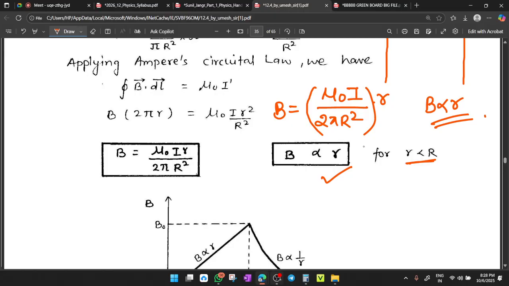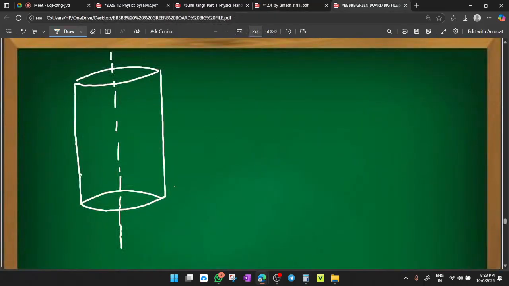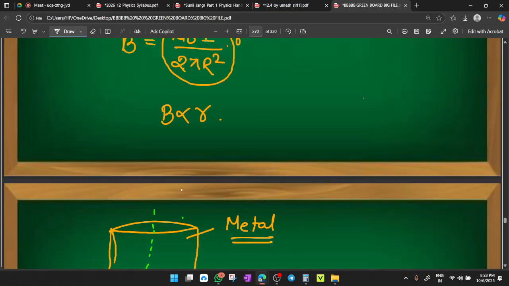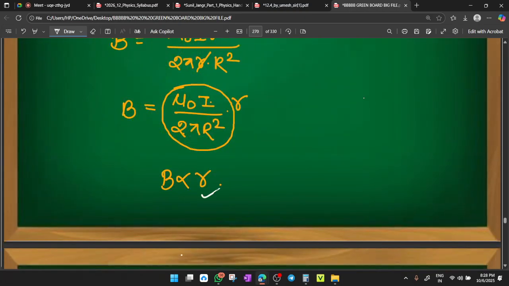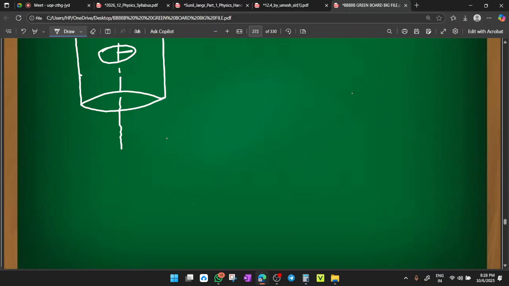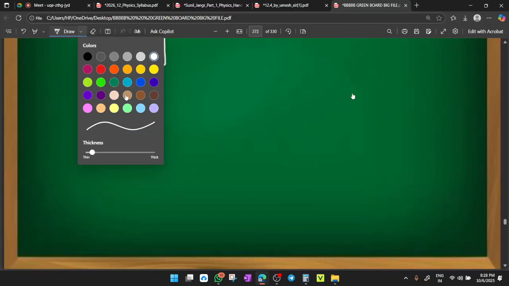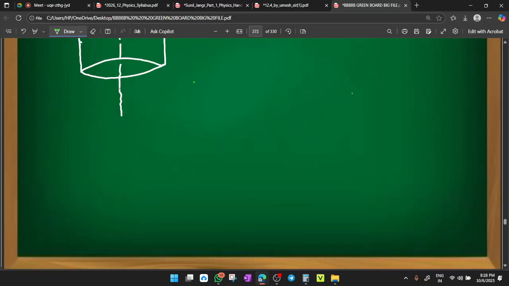So what type of variation is there? See here in this diagram. This is the complete radius R for this point. But when you are inside this whole cross-sectional radius, the derivation was that B is proportional to r. Check the variation and try to understand it completely.